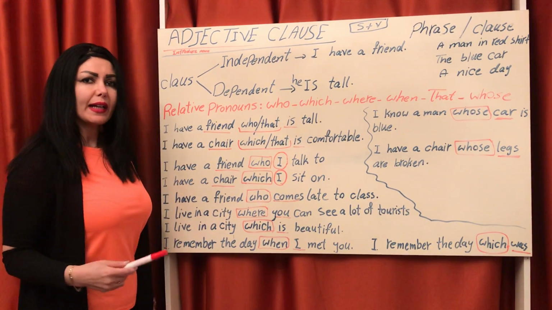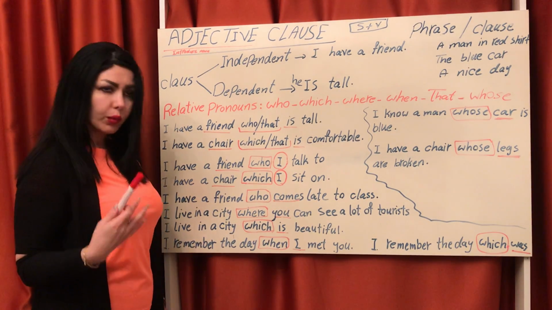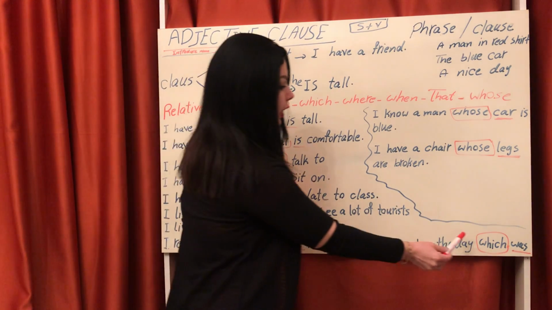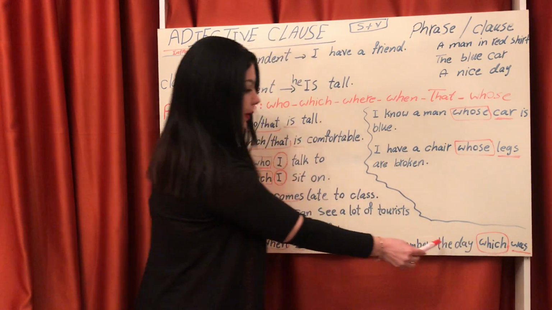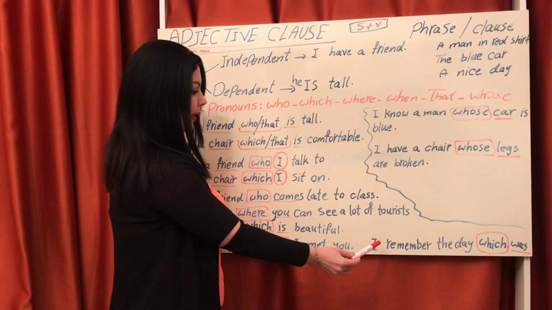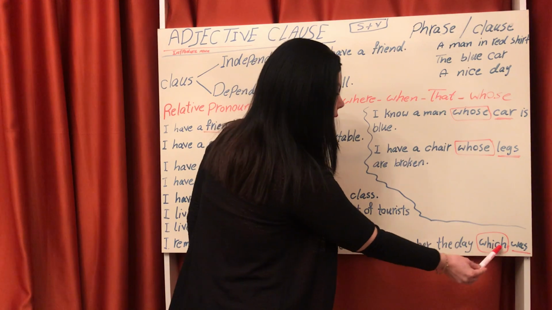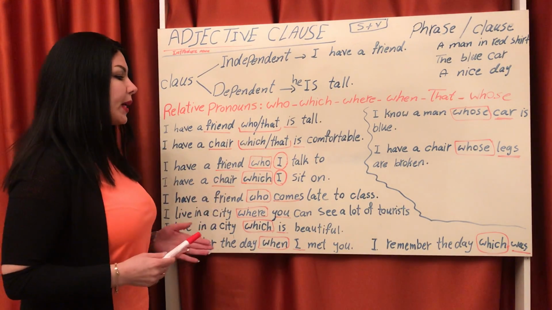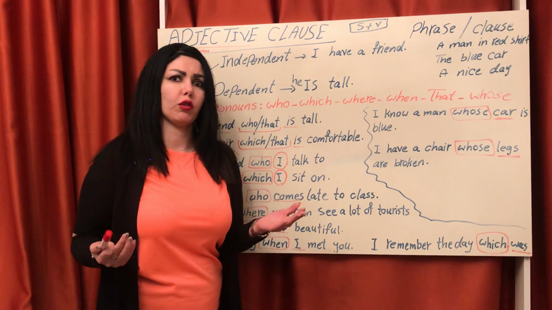But we can use which instead of when. When can we use which? When after it we have a to be verb. For example, I remember the day which was great. I remember the day which was awful.